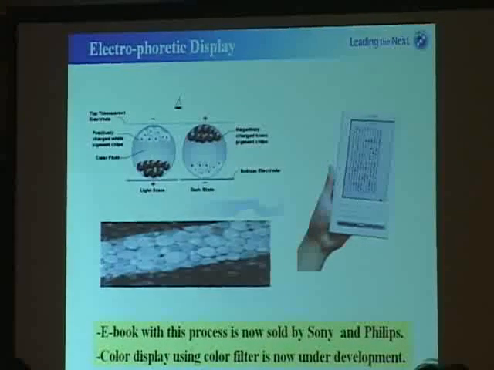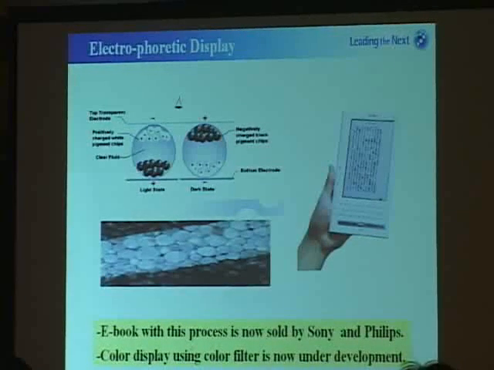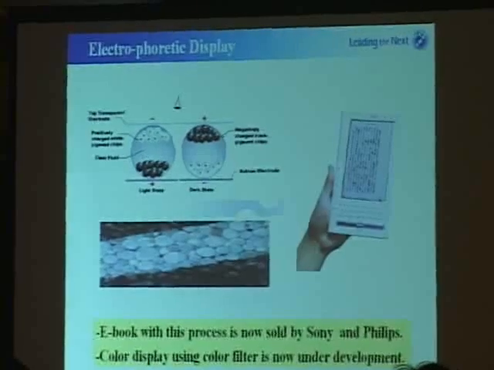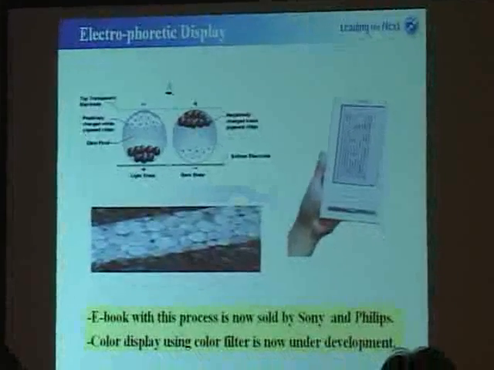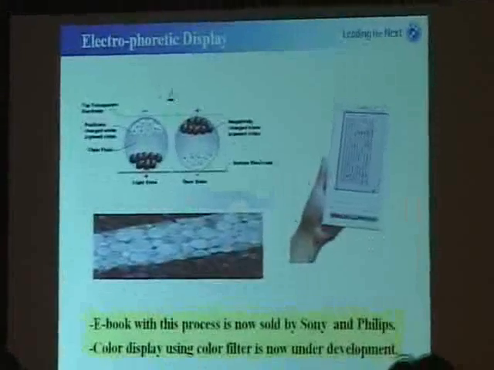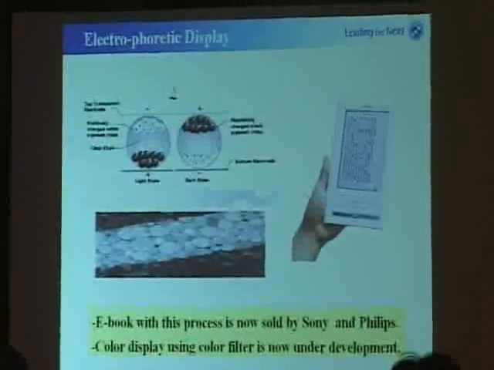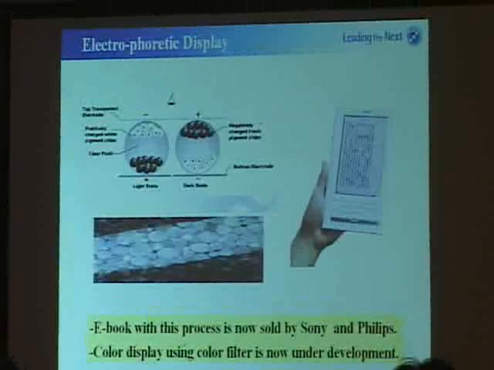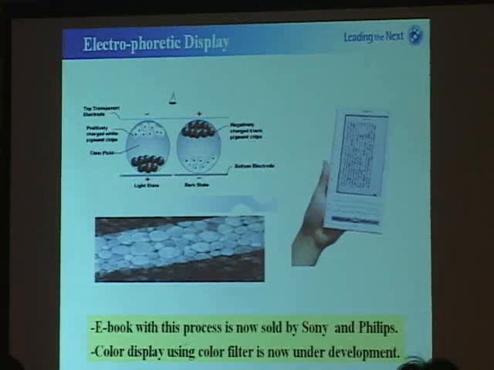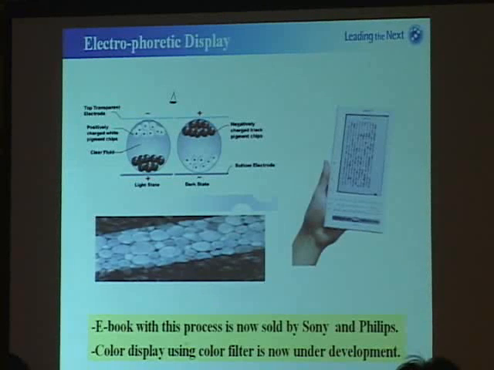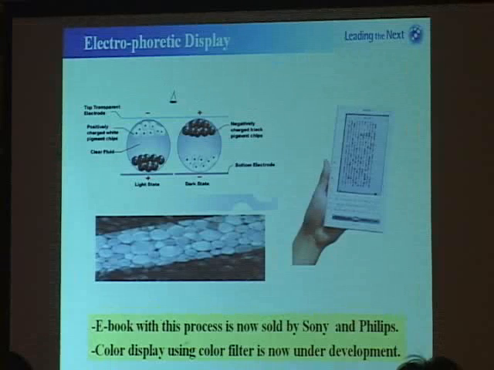When we apply the electric field, white and black areas come out on the surface, depending on the polarities, and generate the image patterns as shown in these pictures. Actually, e-books with this process are now sold by Sony and Philips. And color display using color filters is now under development.